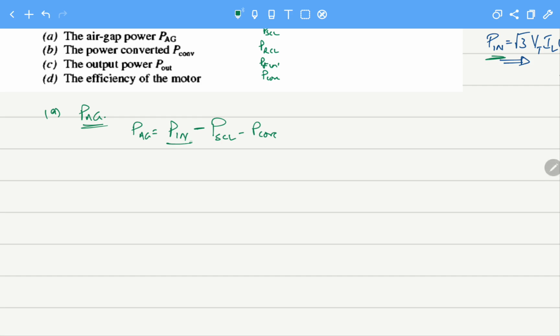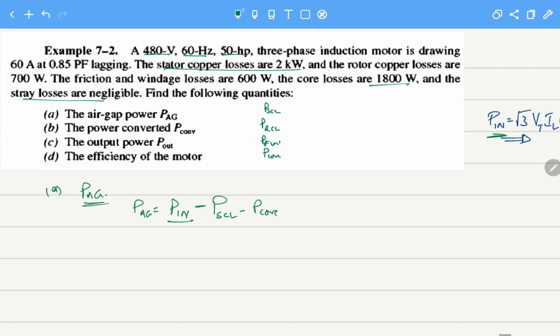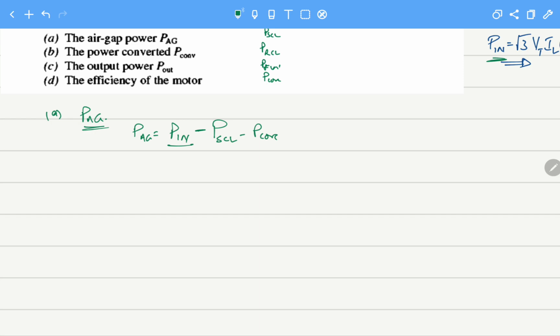Now, can we calculate the input power to the machine? Yes, we can. They have given us the terminal voltage, the line current, and the power factor. So we know that for the 3-phase input power, P in equals root 3 Vt I_L cos θ.